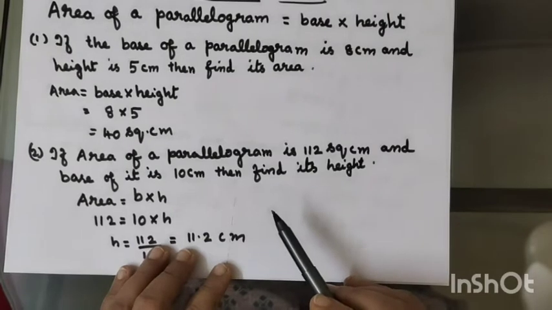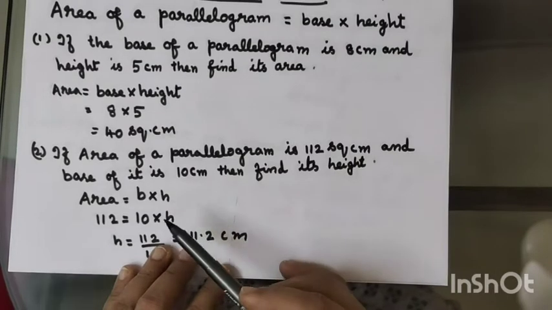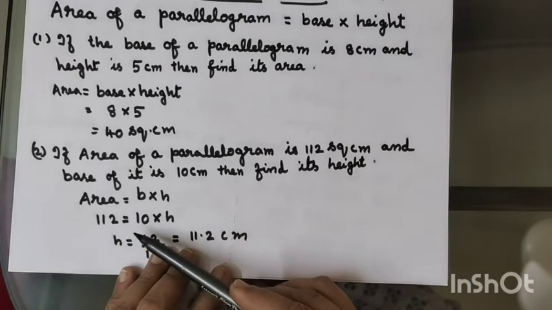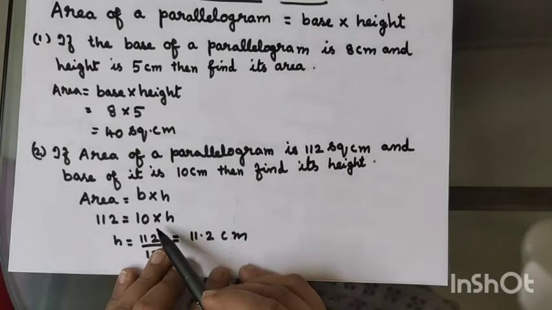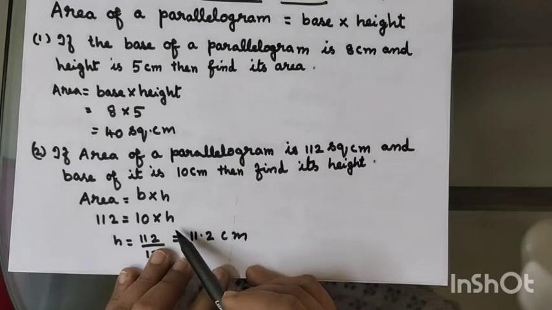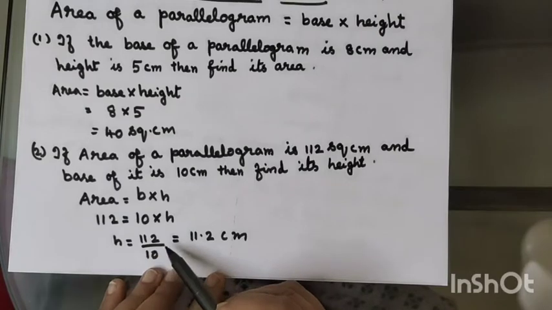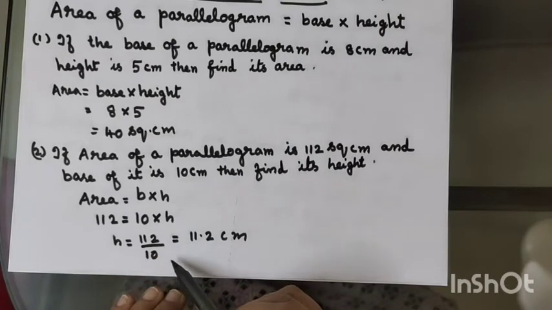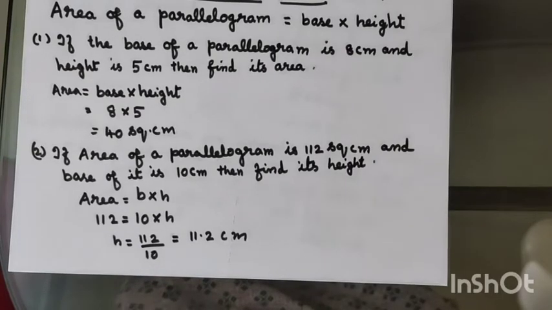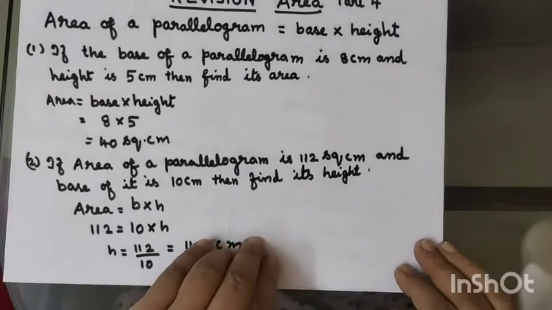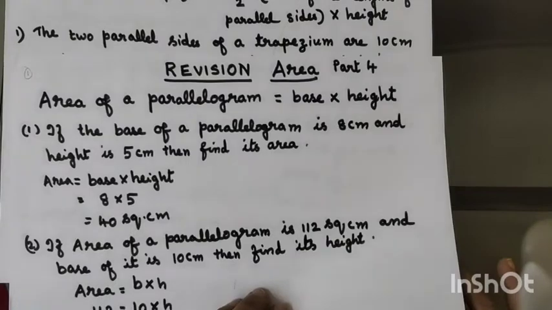So area is equal to base into height, that is 112 is equal to, we'll substitute the values, 10 multiplied by height. So height is equal to 112 upon 10, that is equal to 11.2 centimeter. So children, if you know the formula, you can find out these type of sums. So you must know the area.